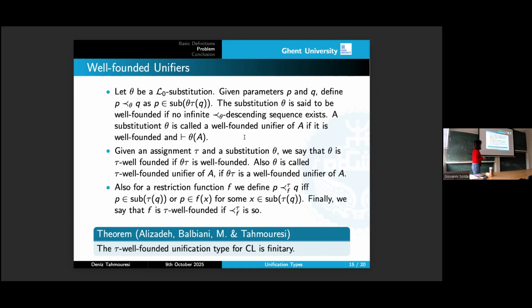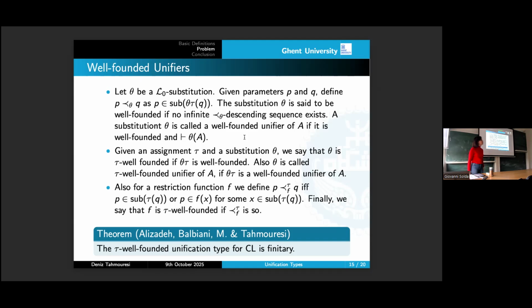So that's something we are looking for as well. And a substitution theta is a well-founded unifier if it also makes a topology and is well-founded. And here, once again, we use the assignment tau and the substitution theta, and tau is an assignment, as we said before. We say that theta is tau well-founded if the combination of those two is well-founded.